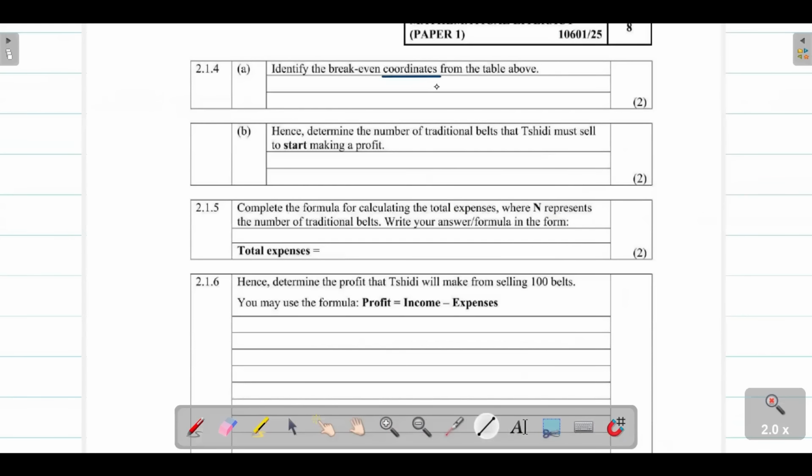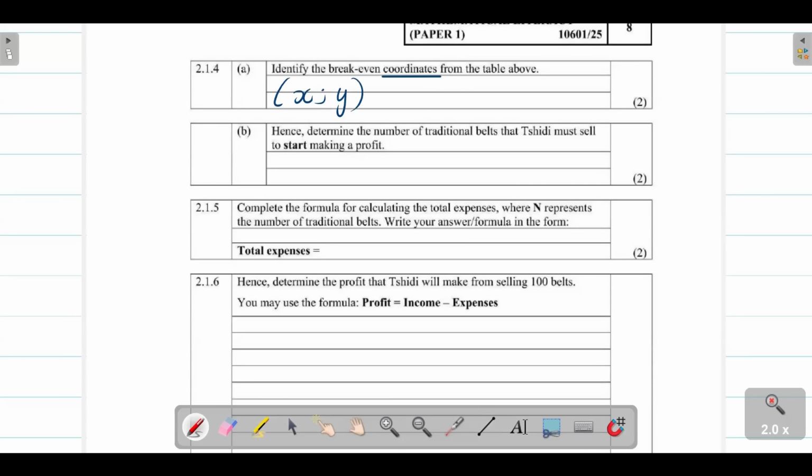So now if the question is asking us to identify the break-even coordinates, it wants the coordinates for that break-even point. So all that it wants you to basically give is the x coordinate, in other words, how many items are sold, and then what is the cost.